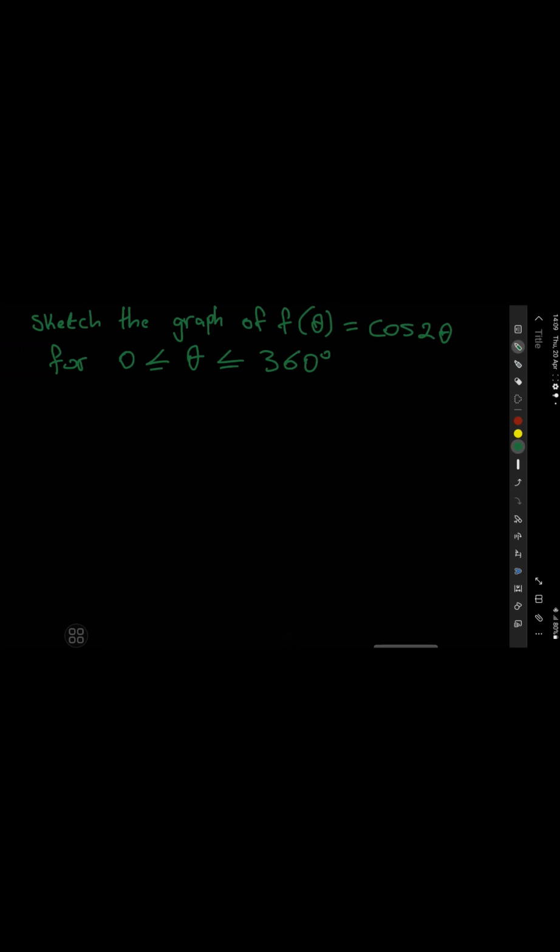Take for instance if this is our case where we're saying y is equal to a sine bx. In this case our a is the amplitude of our graph, and our b helps us in finding the period of the graph.